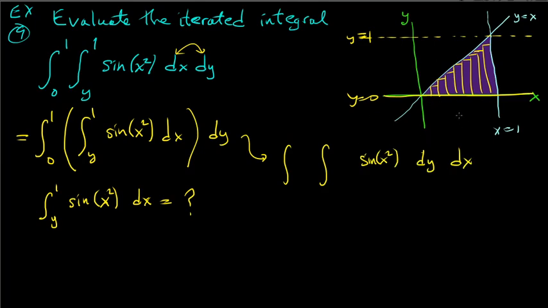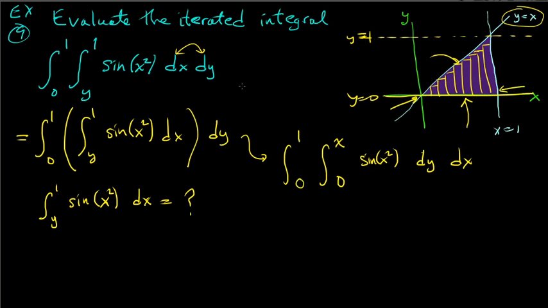What is y doing? The lower boundary for y is still y equals 0. The upper boundary is this line here, the line y equals x. So y goes from 0 to x. And what is x doing? Well, we're starting at 0, 0, and we're ending at x equals 1. So we're just going from 0 to 1.